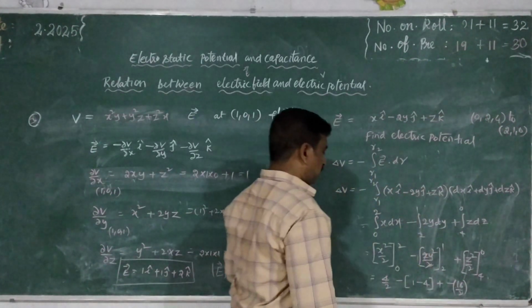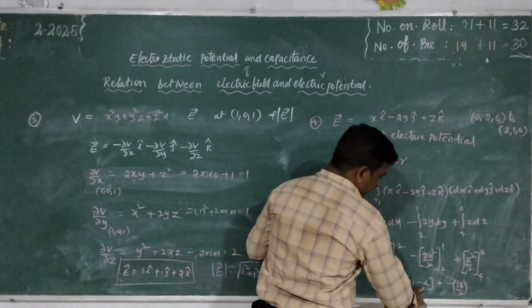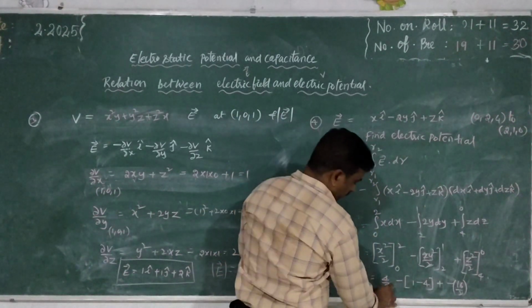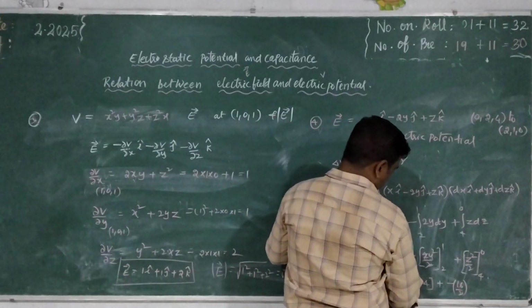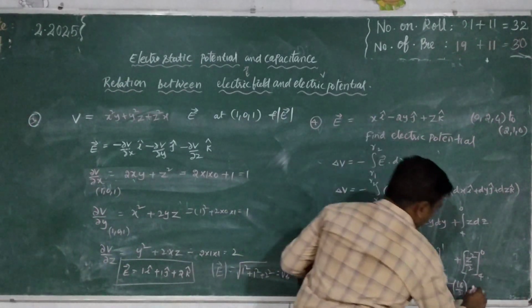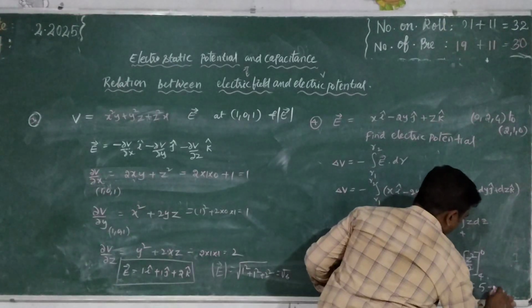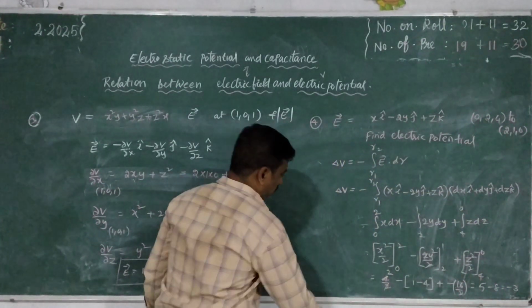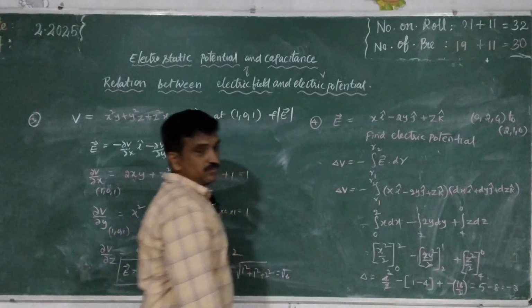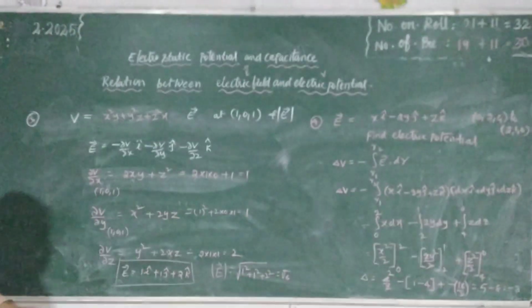Then minus 3 plus... 2 plus 3 minus 8 means minus 3. What is the value now? Delta V equal to minus 3 we get. This is the solution.